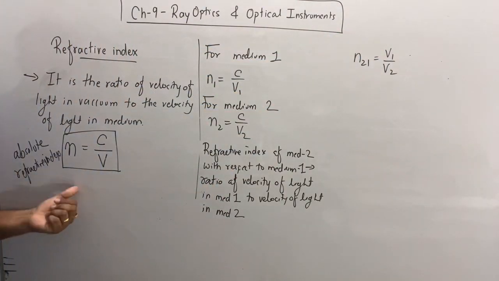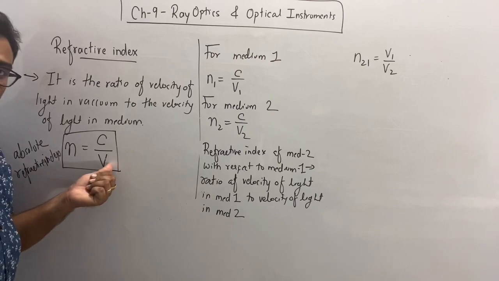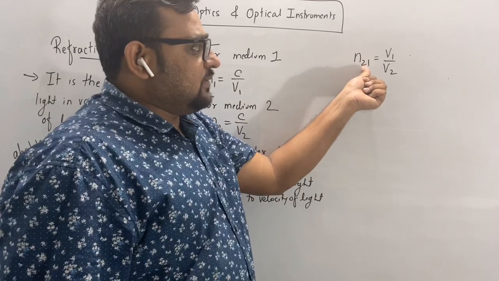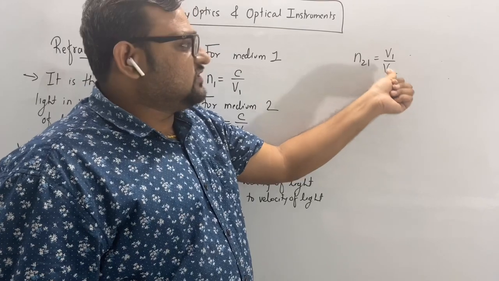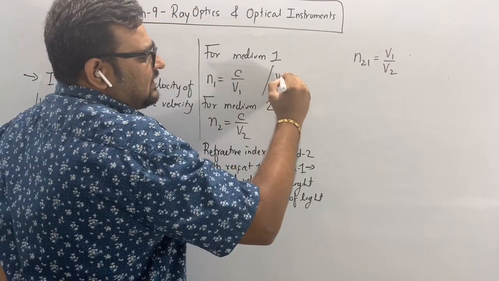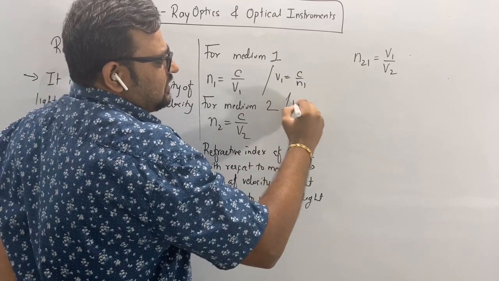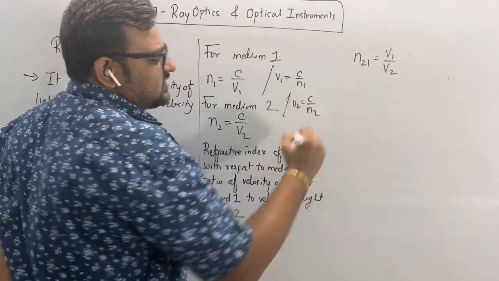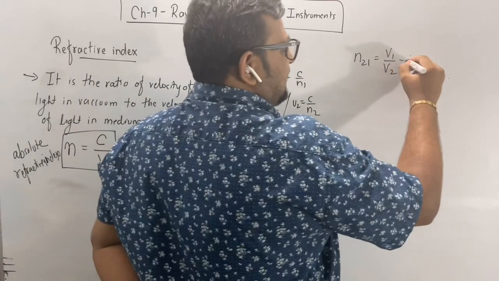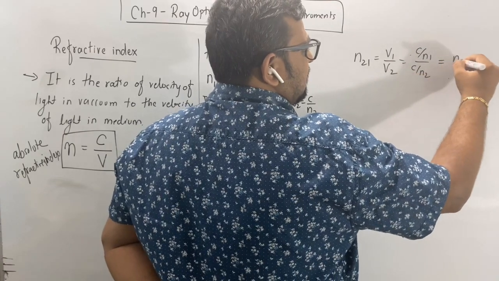See here, for the refractive index of a medium, we take the velocity of that medium in the denominator with respect to vacuum. So refractive index of medium 2 with respect to 1 has V2 in the denominator. Now I can write V1 is equal to C by N1 and V2 is equal to C by N2. So this will be C by N1 upon C by N2.